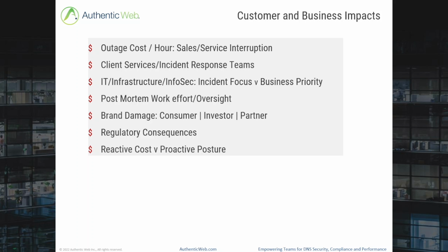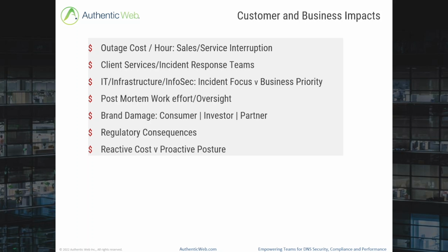When an incident happens, everything stops. Teams work to mitigate the incident. They conduct postmortems and follow-on actions to prevent further incident. This is a reactive cycle that just continues to repeat over and over.